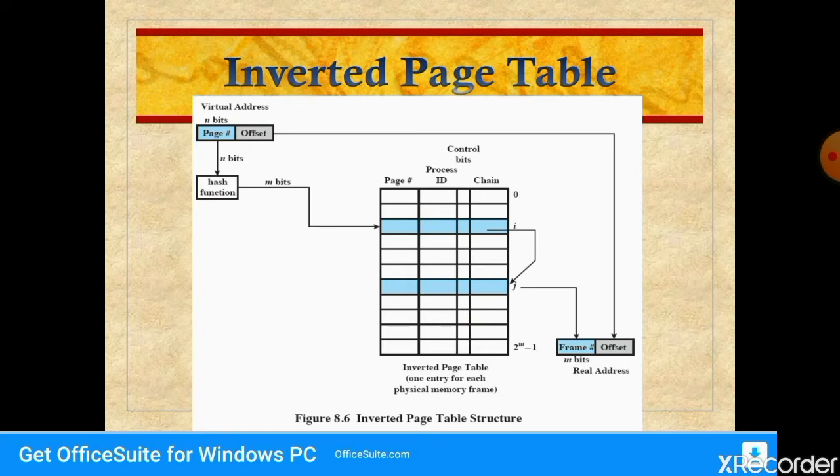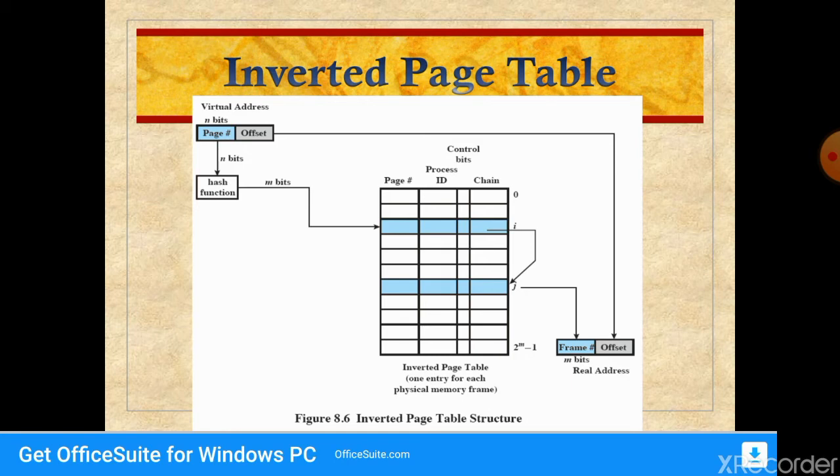Let us consider the page number indicated here is 5. So the value 5 is taken, which is represented by n bits. Let the output of the hash function be 3. So the page number 5 is mapped onto the hash number 3, which is nothing but frame number 3.